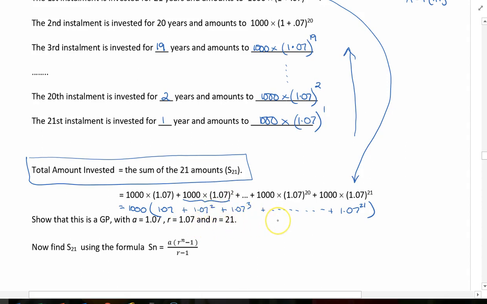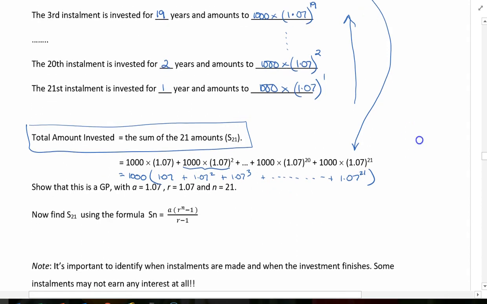And N is 21. So this total amount invested is coming out rather nicely. If we can work out the sum of this GP, which we do using this formula, then multiply that by 1,000, we've got the total amount invested.